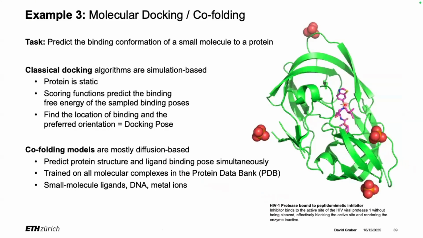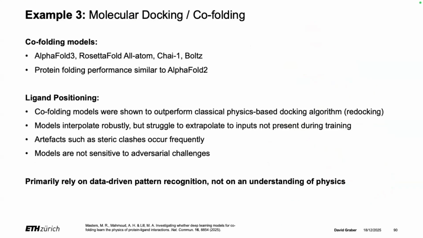So for example, you could give it the sequence of this protein and the SMILES code of this inhibitor here, and then it would just predict the structure of the complex immediately. And examples for these co-folding models would be AlphaFold 3 or RoseTTAFold All-Atom, or this recent Chai model and Boltz.